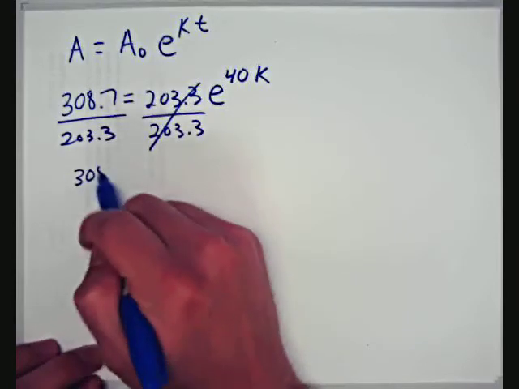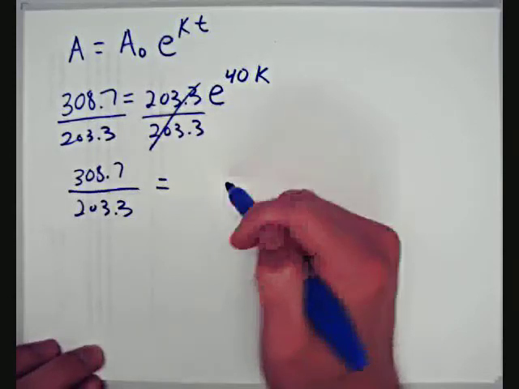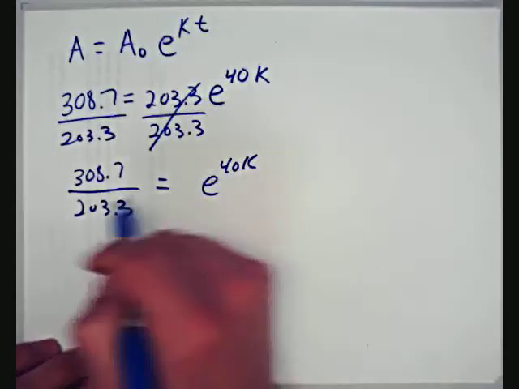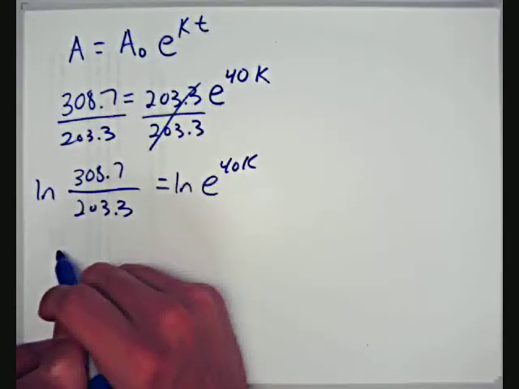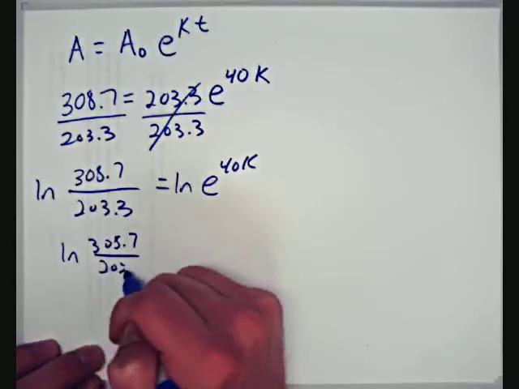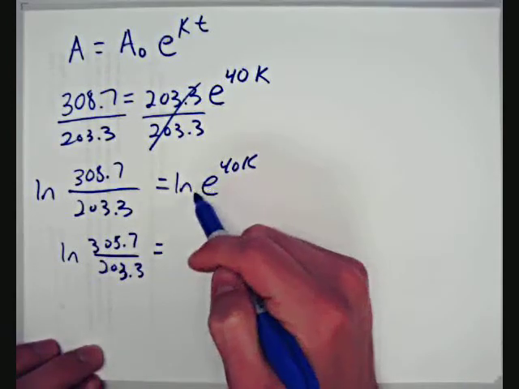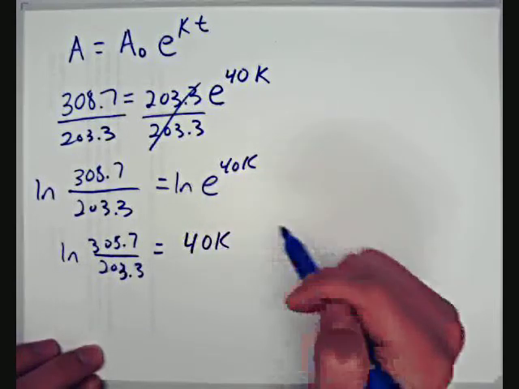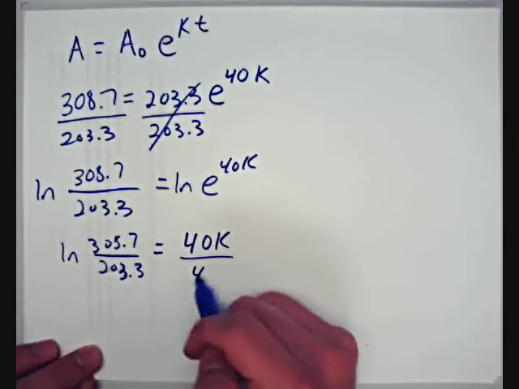So 308.7 over 203.3 equals e to the 40k power. Now that the exponential is alone, we can take the natural log of both sides. Remember that when we take the natural log of e, since the base of the log is the same as the exponential, this will simplify to just 40k. Our last step to get k alone is to divide both sides by 40.